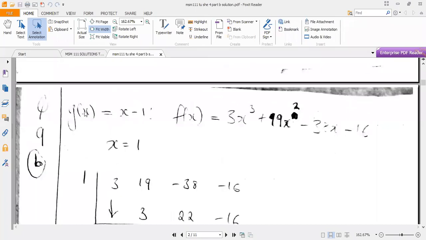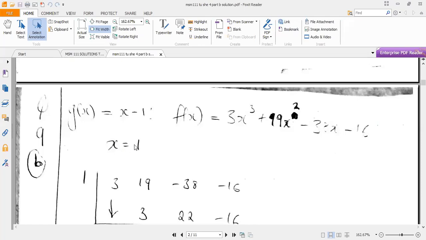If we want to show that it's a factor of this, what do we know about factors? The factor theorem says that the remainder must equal 0. So you have x minus 1 equals 0, and you solve for x. So x is equal to 1.